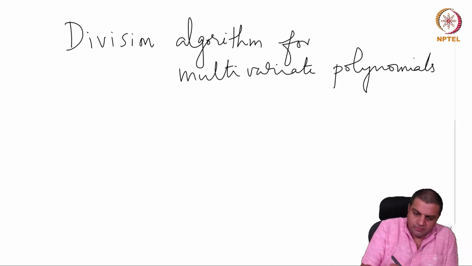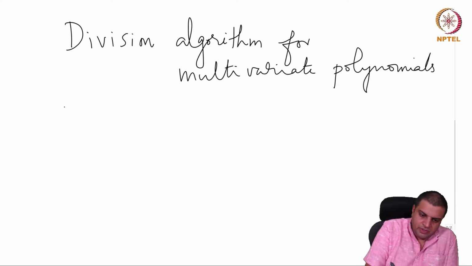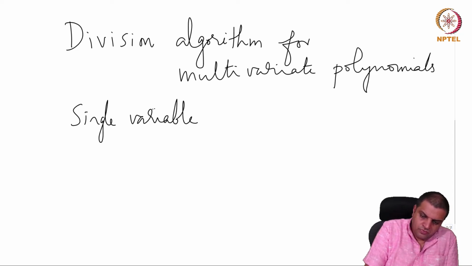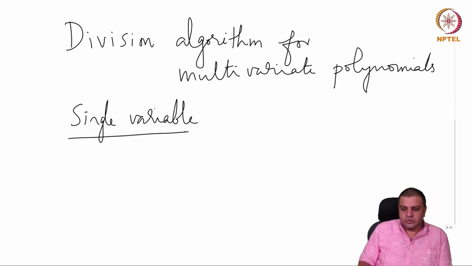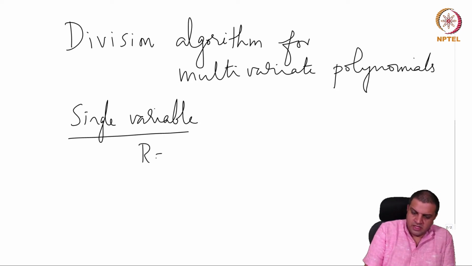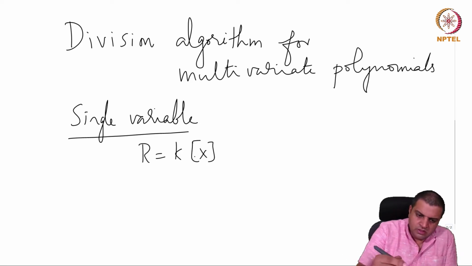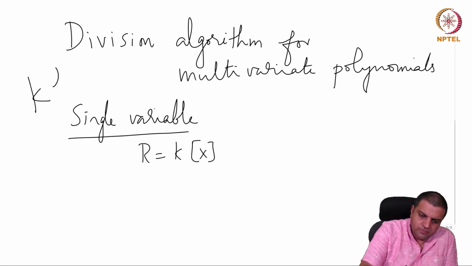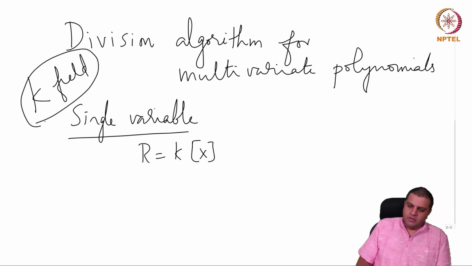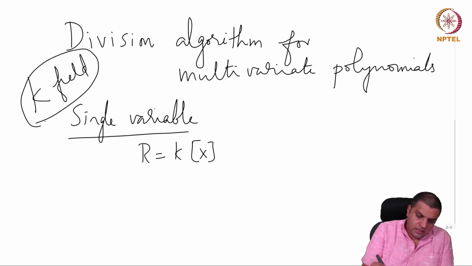So let's look at what we know. One variable. Suppose R is k[x]. Again, throughout these things, k is a field. Let's say f and g are in R and g is non-zero.